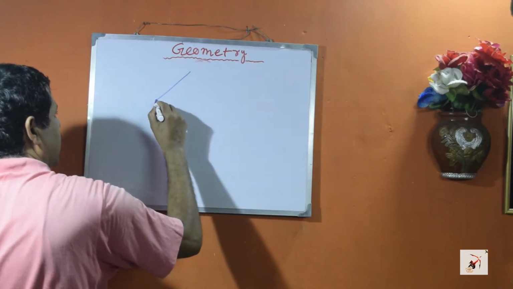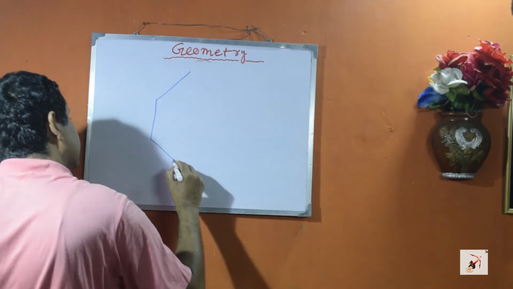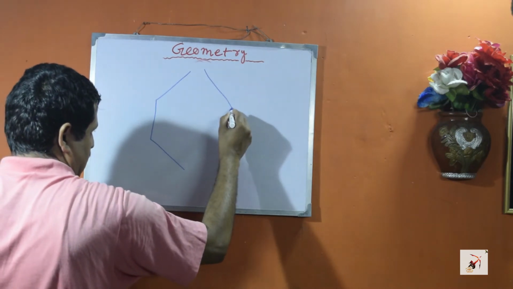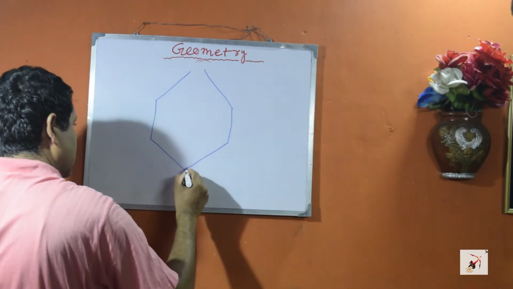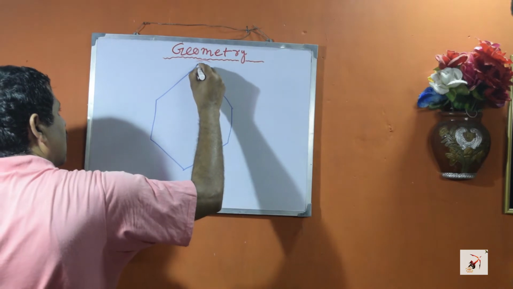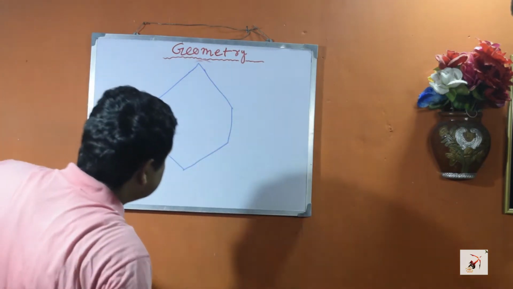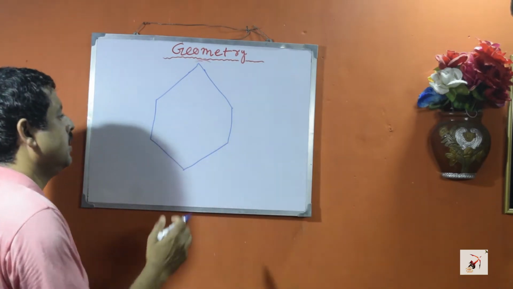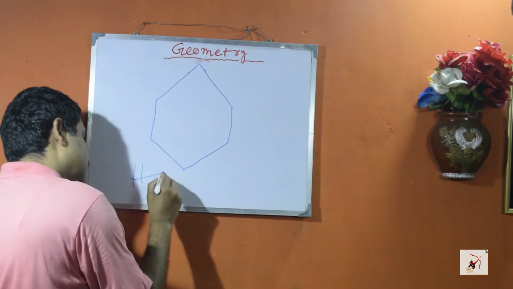Let us take the example of a hexagon. There are 6 sides. This is a hexagon.